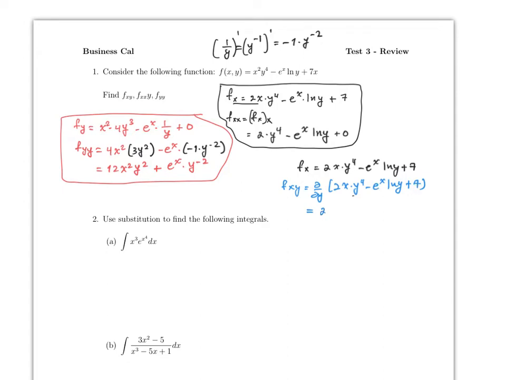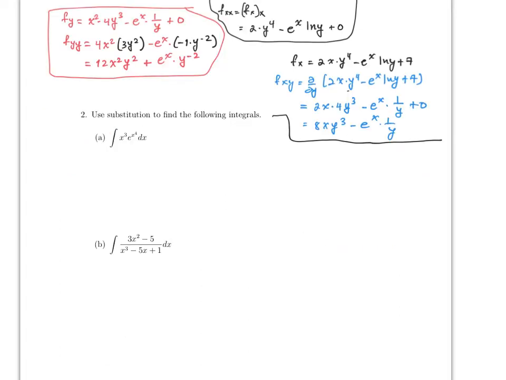So then this will be 2x times 4 y cubed minus e to the x times 1 over y plus 0, or this is equal to 8x y cubed minus e to the x times 1 over y. Now, you should check that if you take the derivative of this, now with respect to x, it will give you exactly this.